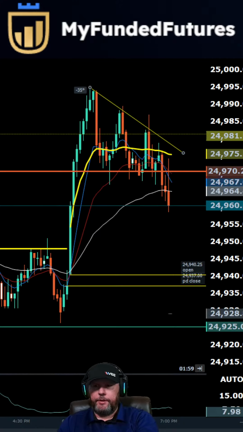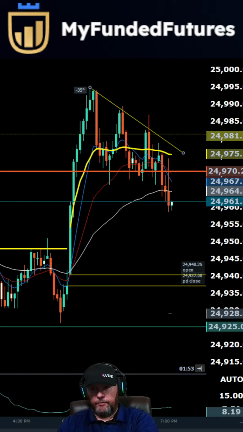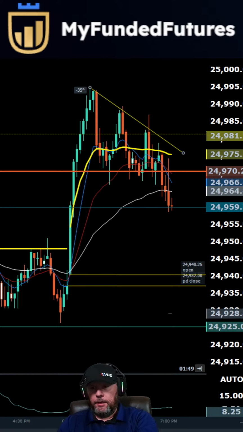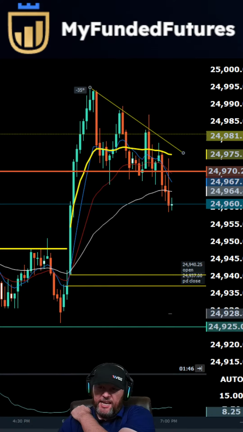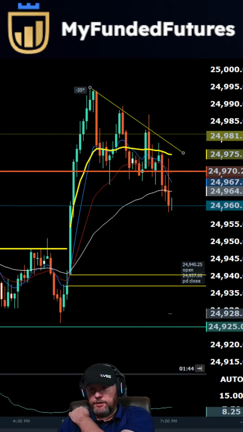Now, where would we think about moving our stop to break even here? I mean, now wouldn't be horrible, but I do think we get stopped out if we move it now. I would say maybe at the second test of 50, you could consider putting your stop into break even. Or you could just take your 10 points here. 10 points at this time of night is not a horrible trade.